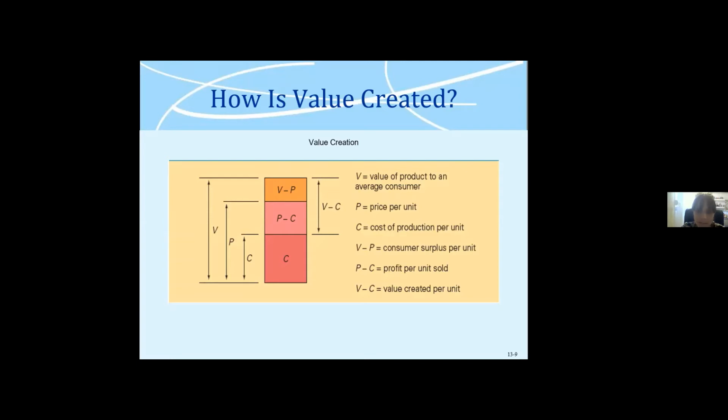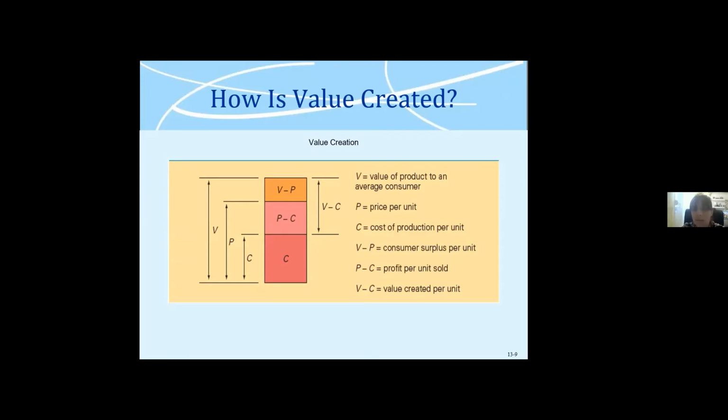However, the price a firm charges for a specific good or service is typically less than the value placed on that good or service by the customers. This is because the customers usually capture some of that value in the form of what economists call a customer surplus.